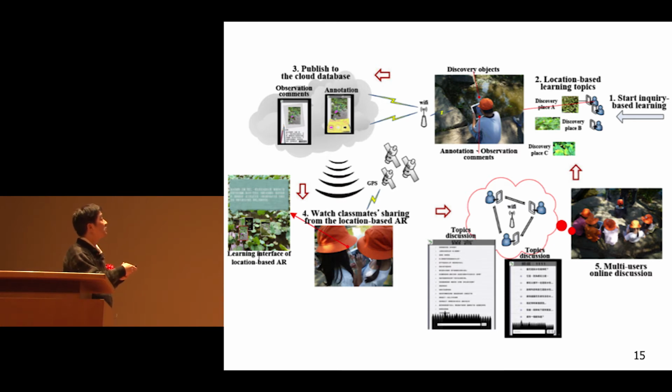Then of course they can make some annotations and give some comments about what they have observed, and then they upload their findings and share their findings with the classmates. And then they go to a discussion forum to make discussion based on the question raised by the teachers.